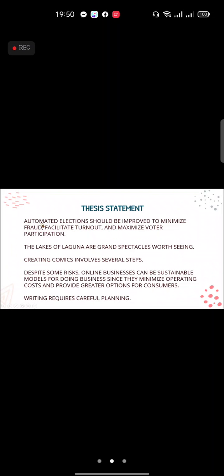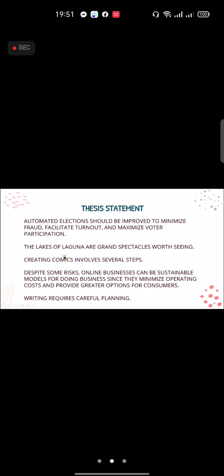Pero, ano yung two or three or more supporting points ng automated elections? It should be improved to minimize fraud, one, facilitate turnout, dalawa, and maximize voter participation, tatlo. So, ganun siya. Okay, in this sentence, there are three supporting points.